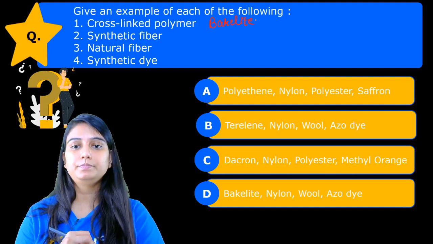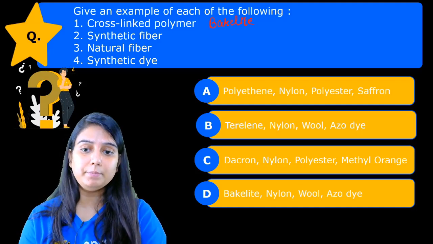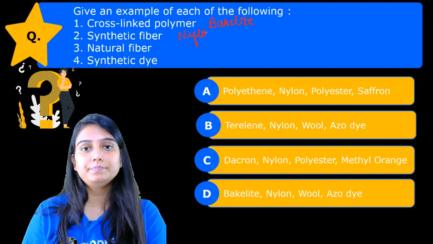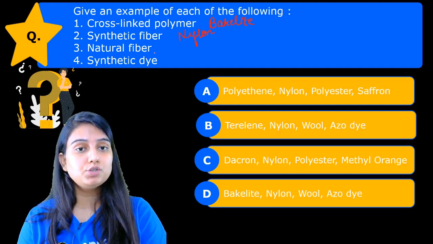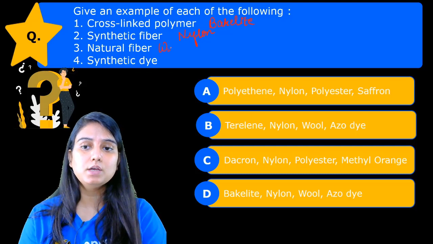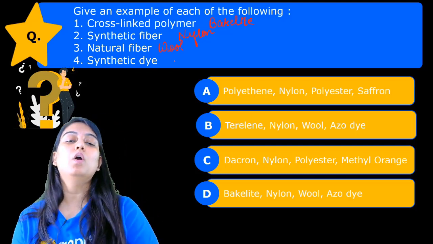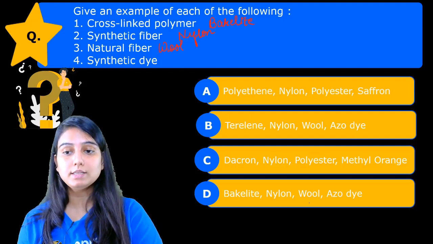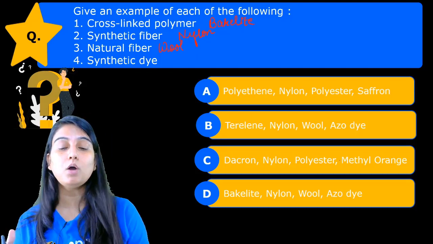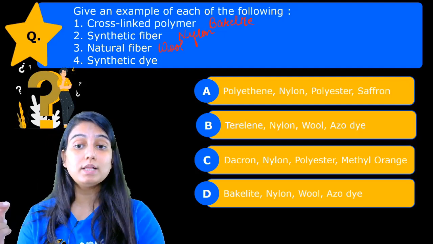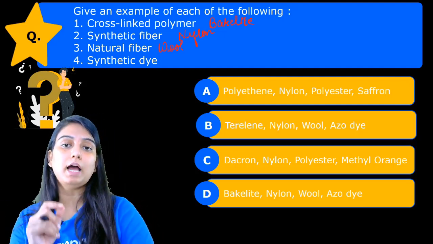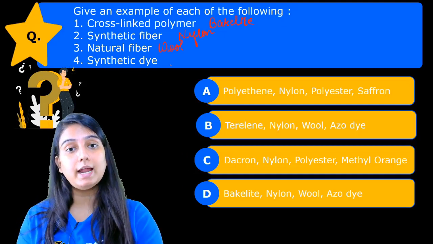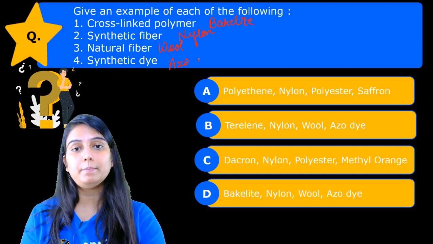Now let's see synthetic fiber, that is nylon. Okay, next one, natural fiber, that is wool or it could be cotton as well. In the answers you can leave it out if you want. You can see what is given in the answer and state accordingly here. And then synthetic dye, that is azo dye.